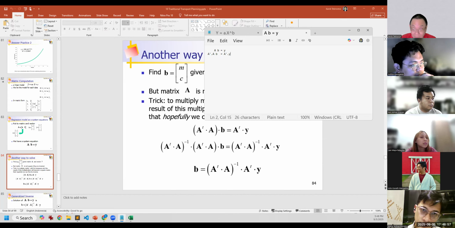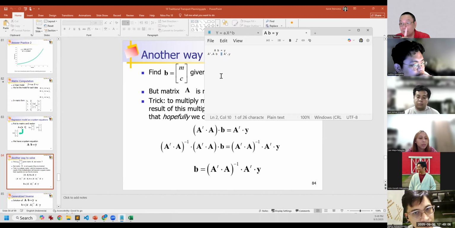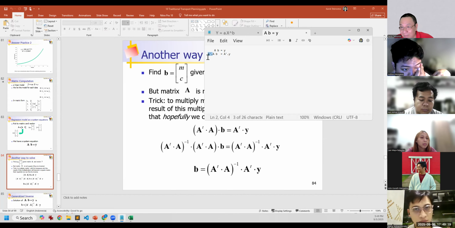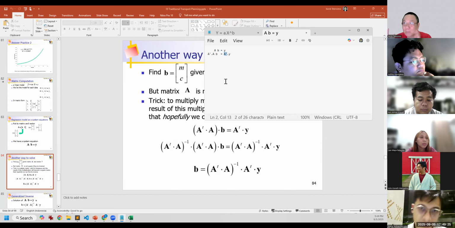Okay, so this is clear or not? Okay, remember in the equation, the most important sign is the equal. That means if you multiply on the left side here with A accent, with A transpose, then the right side must also, to be equal, you need to multiply with the same thing.